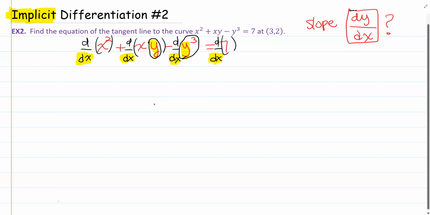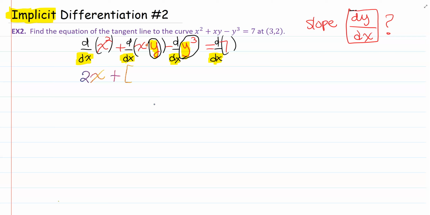Okay. So the derivative of x squared is 2x, right? Because we are taking the derivative with respect to x. The derivative of x multiplied by y is a product, so we have to apply the product rule here.